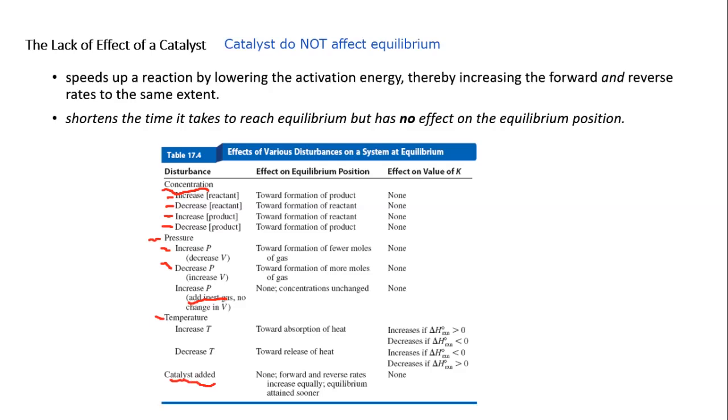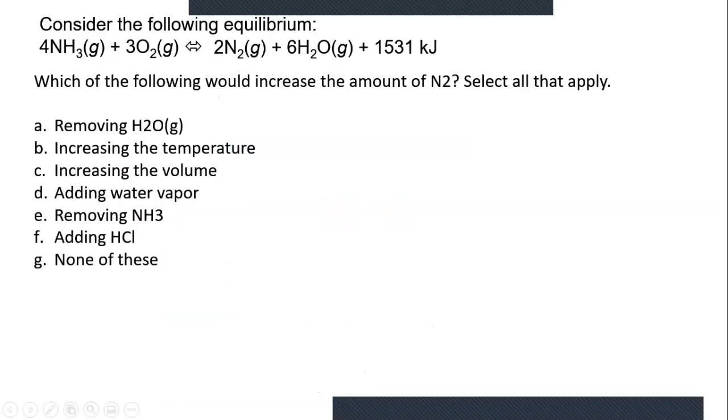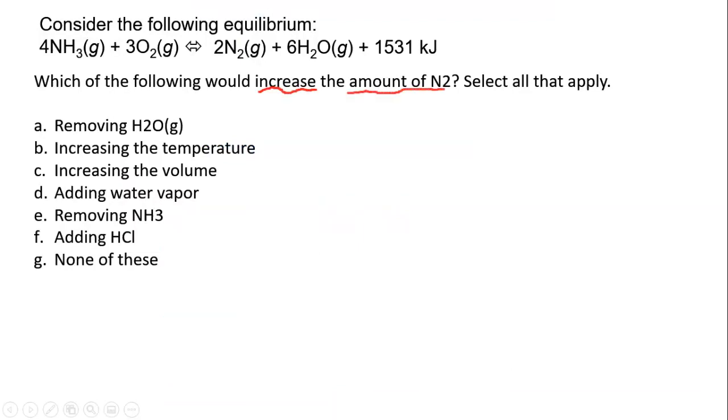Now let's look at some examples. So here we have this combustion reaction, which is exothermic. We want to know which of the following changes, disturbances to equilibrium would increase the amount of N2.